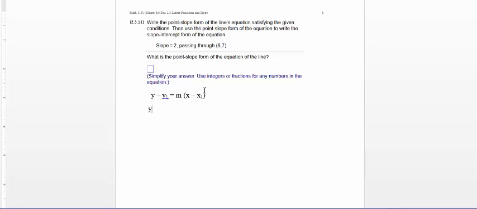And we replace the y1 with 7, the y-coordinate of this point. We replace m with 2, the value of the slope of the line, and the x1 with 6.